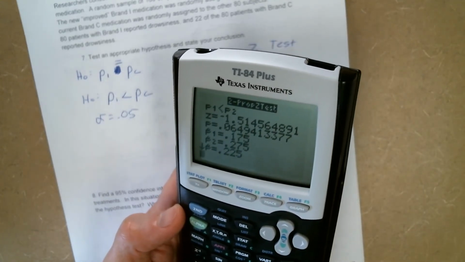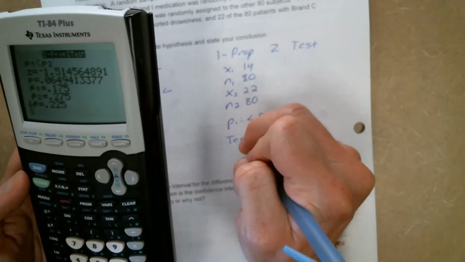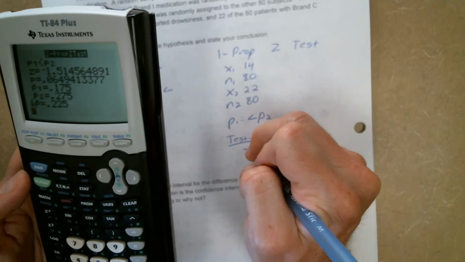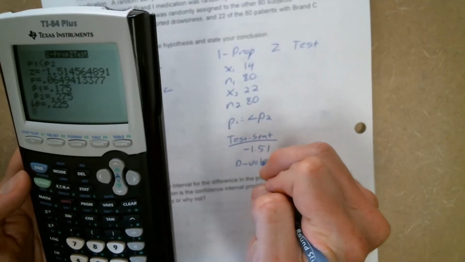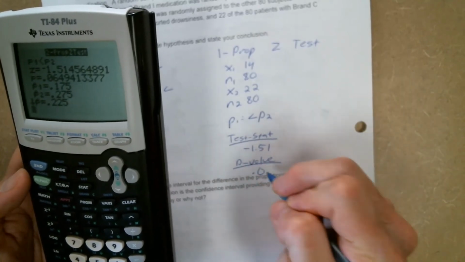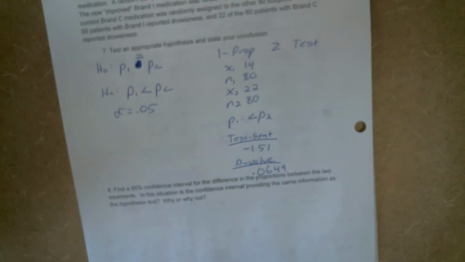Is that 10% gap big enough? Well, it gives us a test statistic of negative 1.51, and it gives us a p-value of 0.0649. All right, so it's close to our threshold.